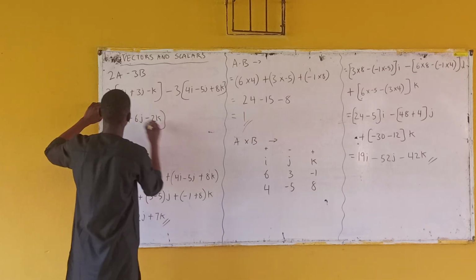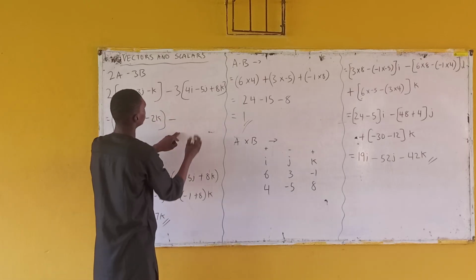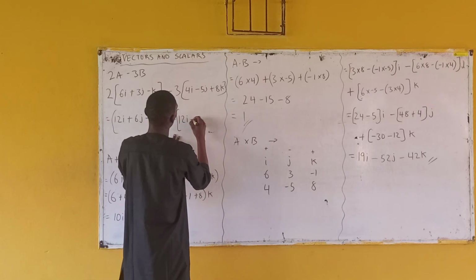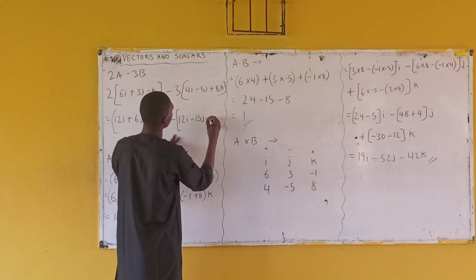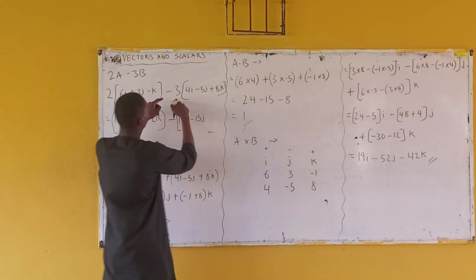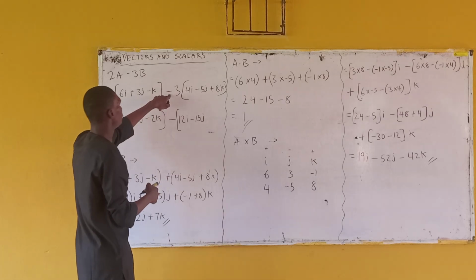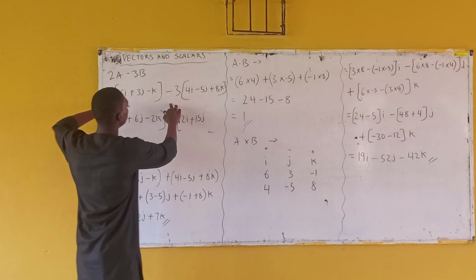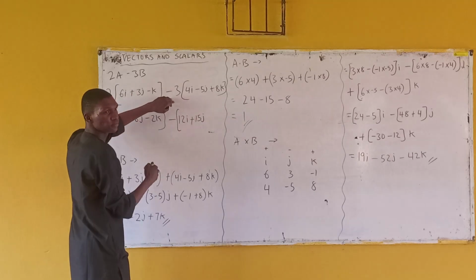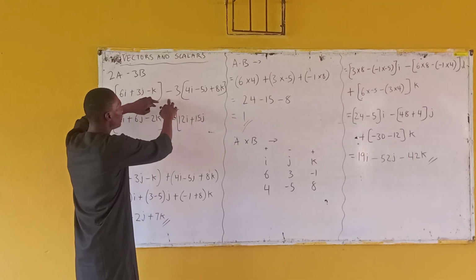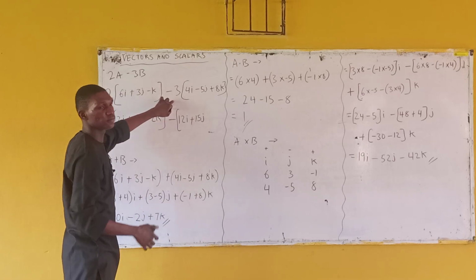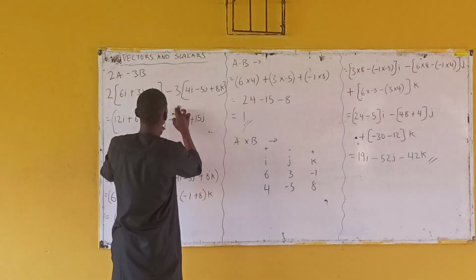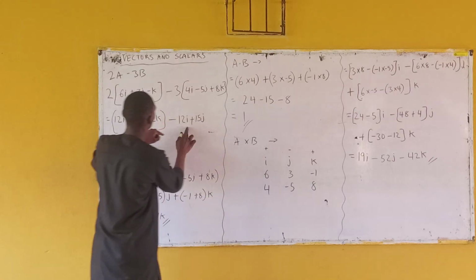Then for the second part, 3 times 4 is 12i, minus 15j, plus 24k. You are using minus 3 to multiply the bracket, so we don't have the bracket anymore.